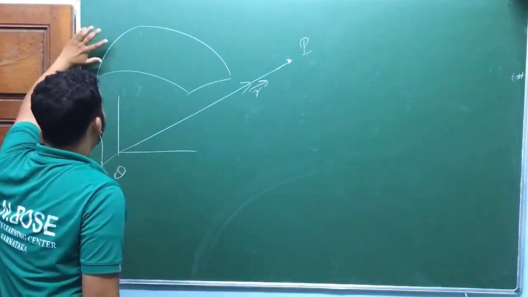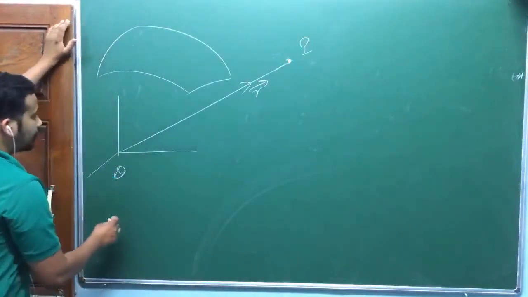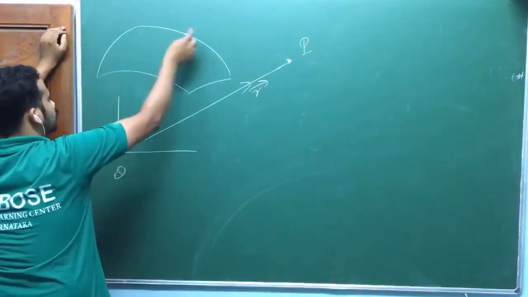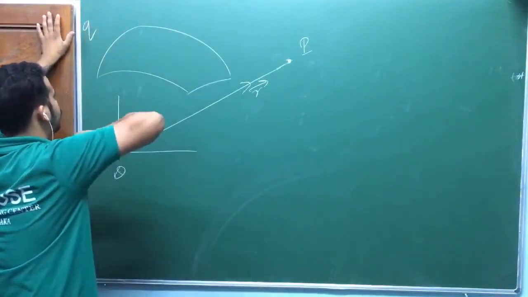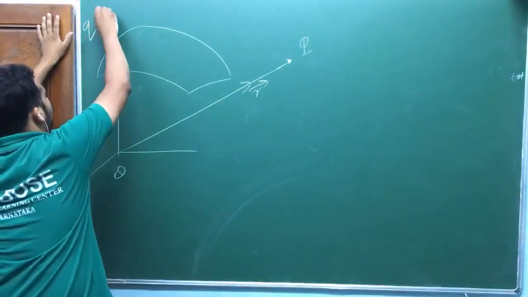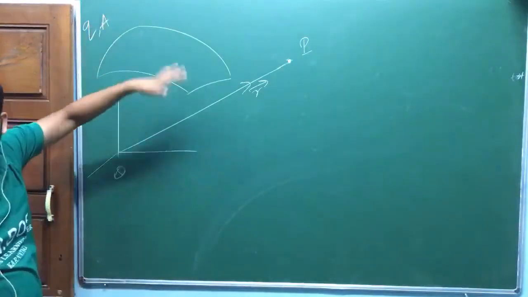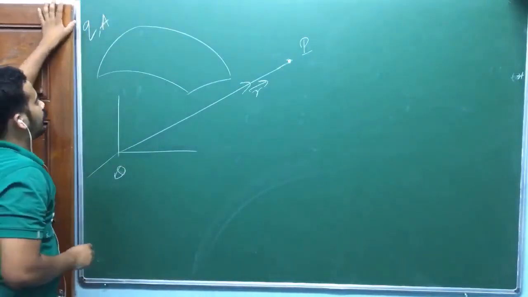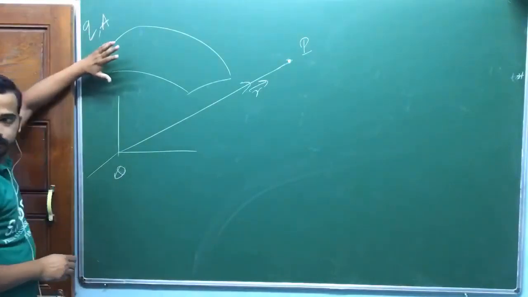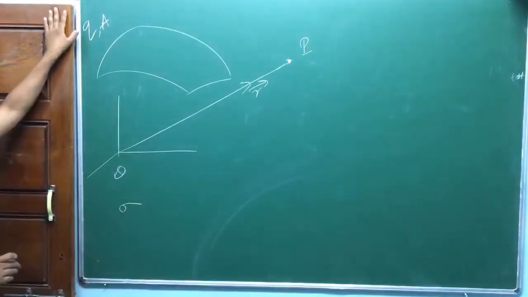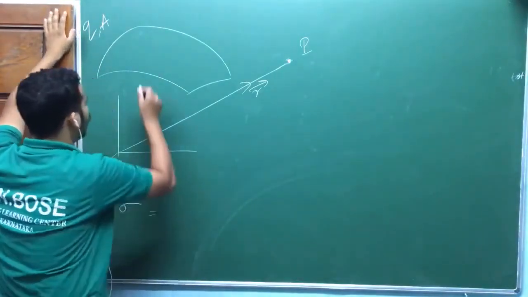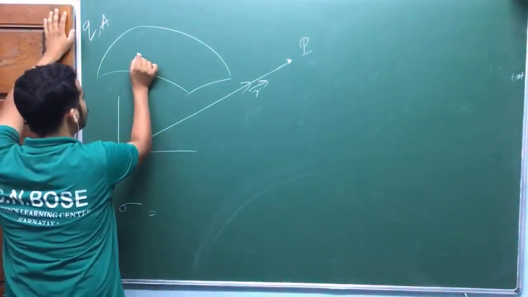Now in that case, we are going to define surface charge density. Suppose the total charge over this entire surface may be Q, and its total area may be A. Again, we define surface charge density as sigma. What we do is we choose a patch of area.